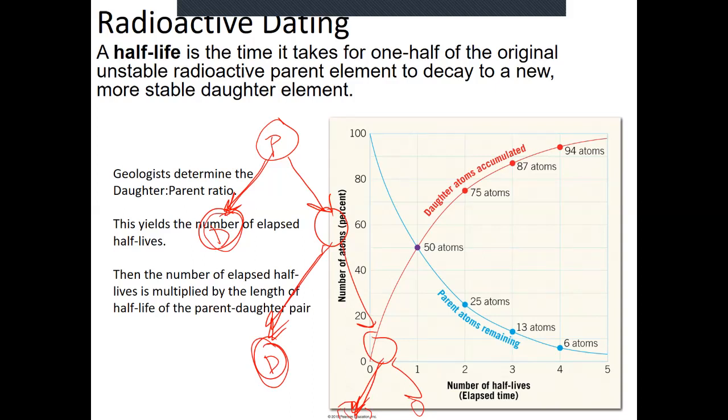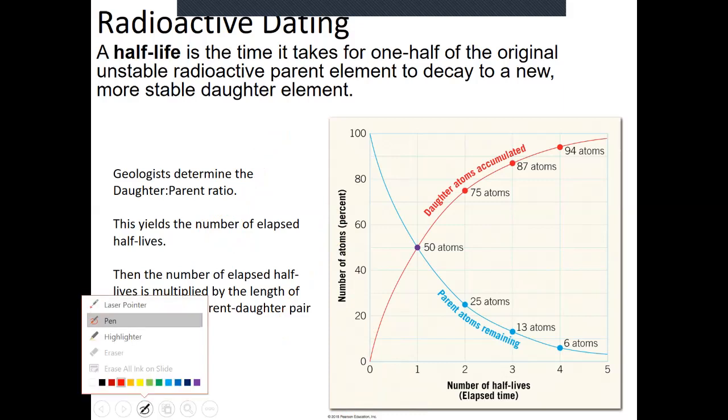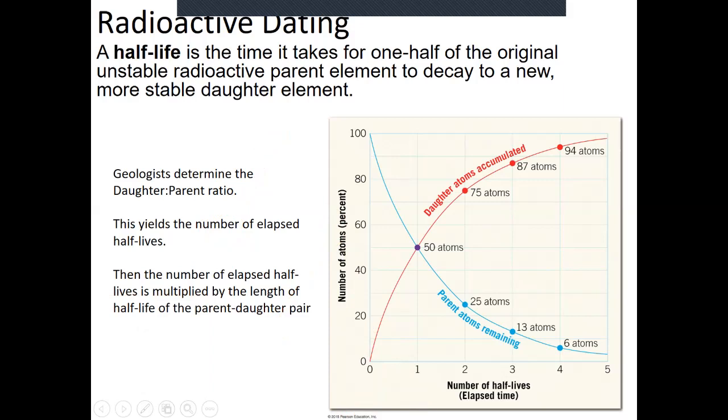Now, physicists, after studying radioactive materials, learned that radioactive elements decay away or break down at a predictable rate. And that rate is in a very predictable way. And that way is very easily characterized using a number called the half-life.